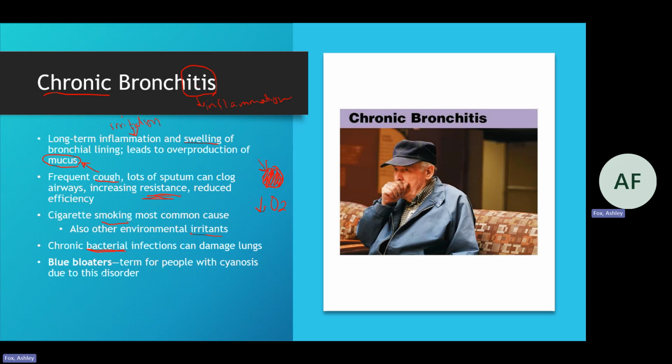So we call these people blue bloaters. They're cyanotic, meaning that they have a blue or purply tinge, not getting enough oxygen because of this disorder. So not enough O2 because we're plugging it.